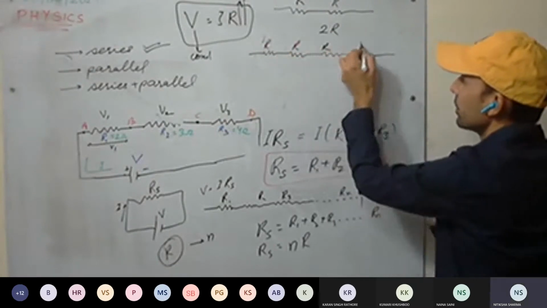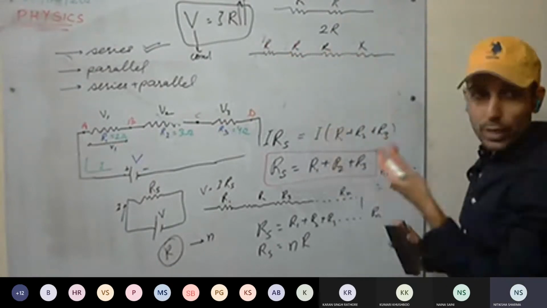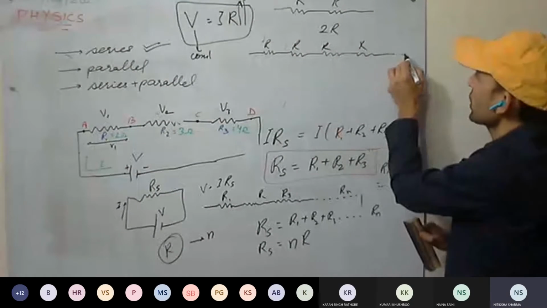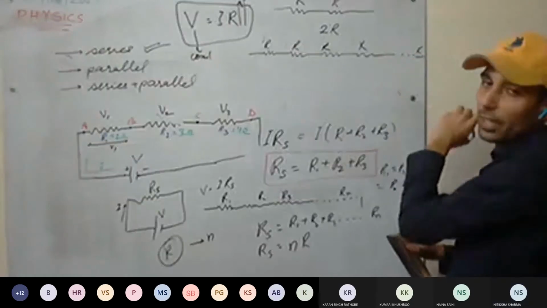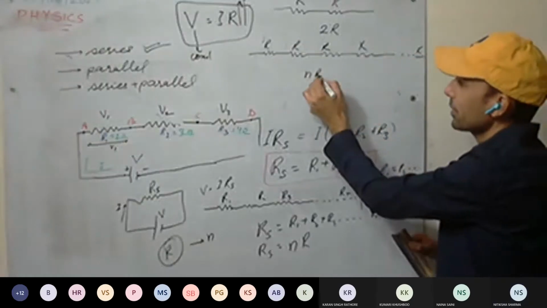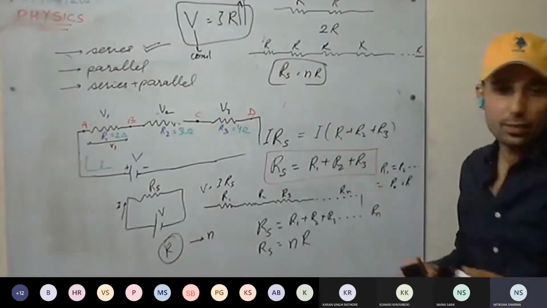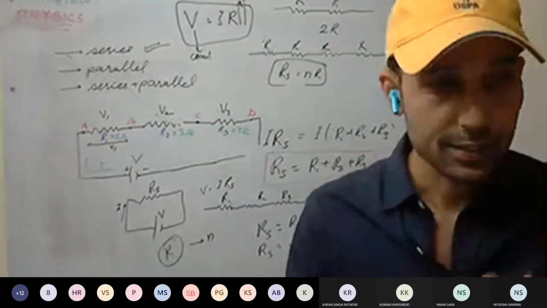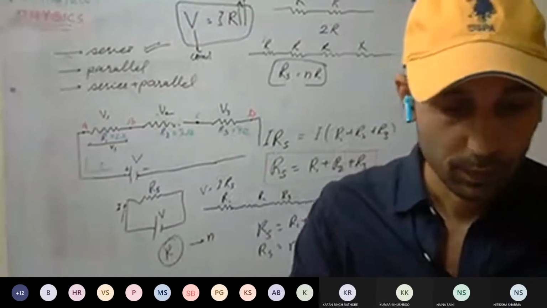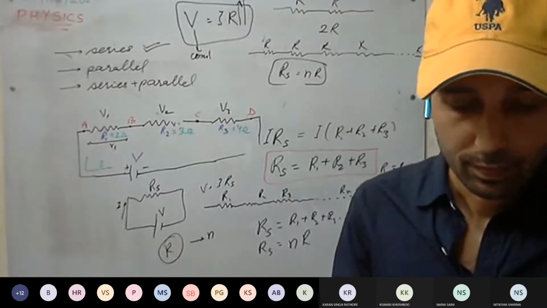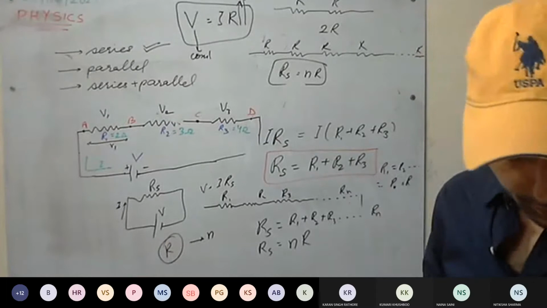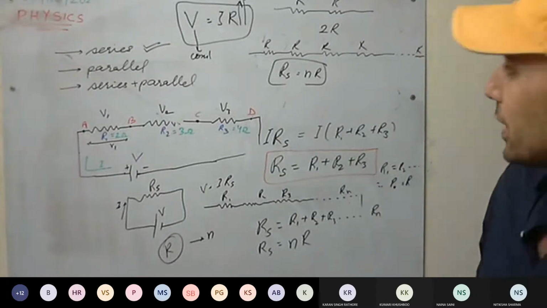Sir, 4R. Okay. Now such that N resistors are there, NR will be the equivalent resistance. N times R. You can see the resistance has increased. This is clear. When they are connected in series, resistance offered increases.